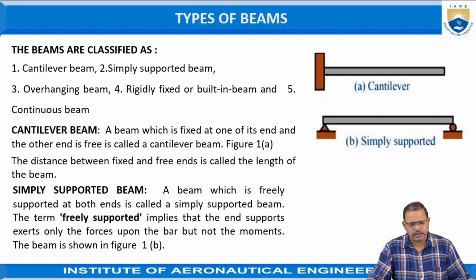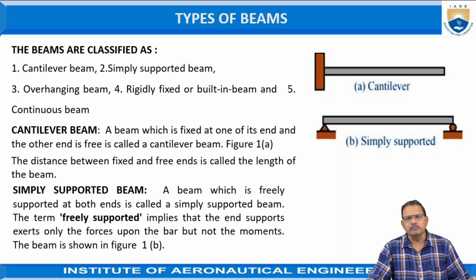Generally, the beams are classified as cantilever beam, simple supported beam, overhanging beam, rigidly fixed or built-in beams, and continuous beams. A cantilever beam is one which is fixed at one end and the other end is free. The distance between the fixed end and the free end is treated as the length of the beam.